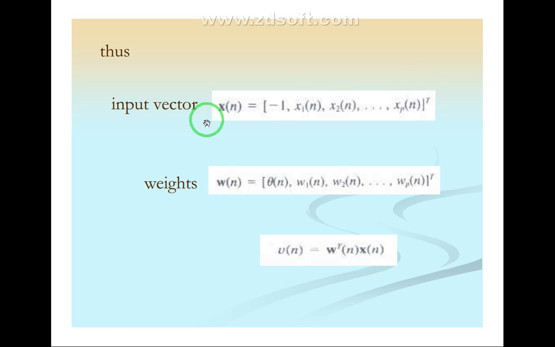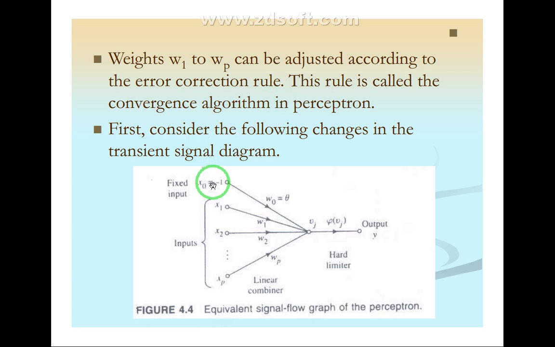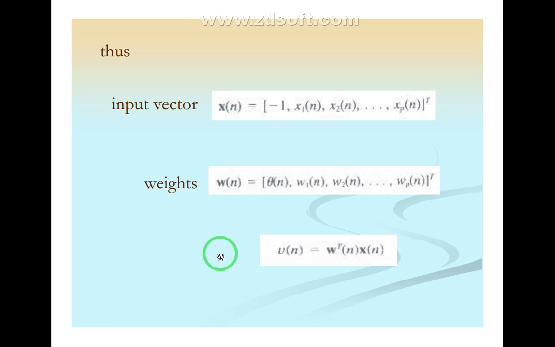Therefore, let's show the input vector as xn. We have a -1, and this is the vector x1n, x2n, xpn transpose, and the weight vector, theta n, w1n, w2n.